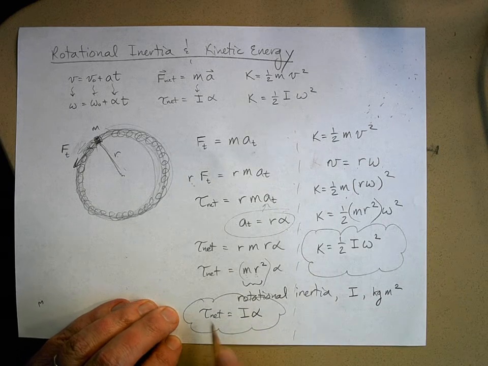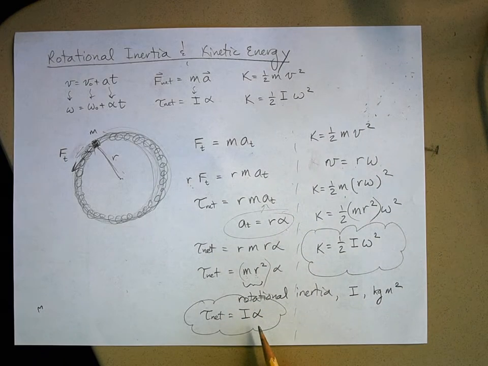The net torque acting on an object will give you an angular acceleration, but that angular acceleration depends on the rotational inertia. Now, the rotational inertia for a whole bunch of particles is easy.